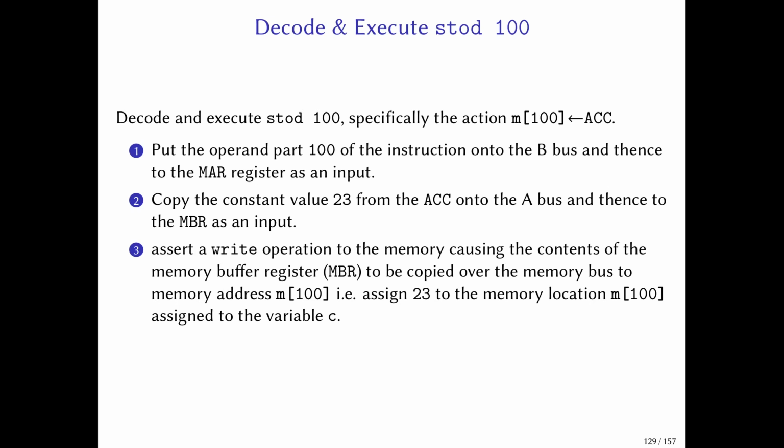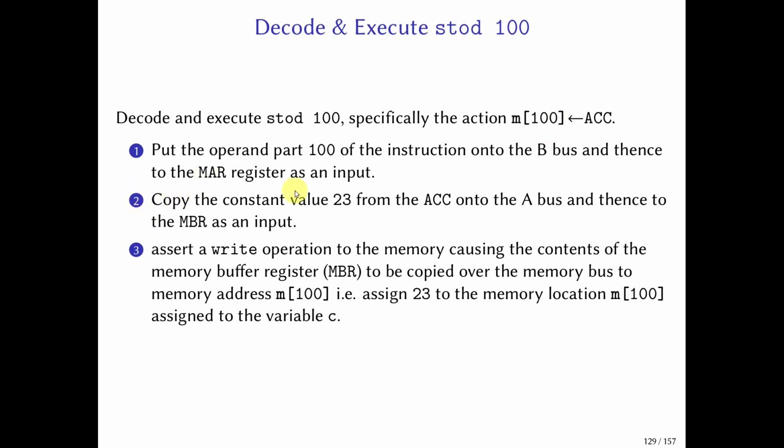Once we had done the addition, you'll remember that the value 23 ended up in the accumulator, and we did remark that the next thing to do would be to assign the value 23 from the accumulator into the memory address that was associated with the variable C. So we know that the variable C is associated with memory cell 100.